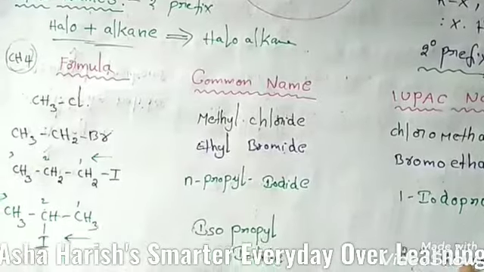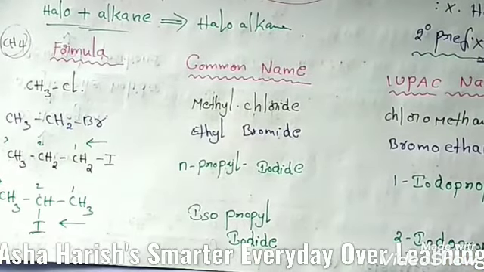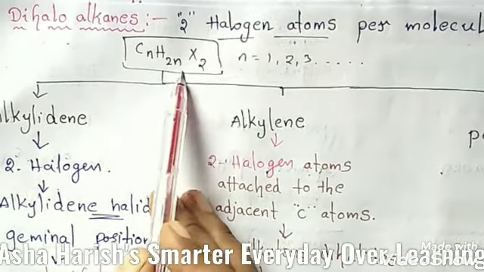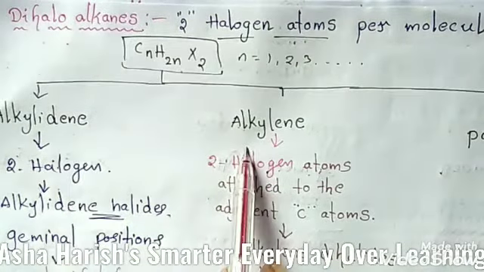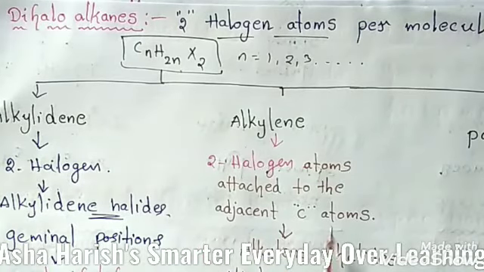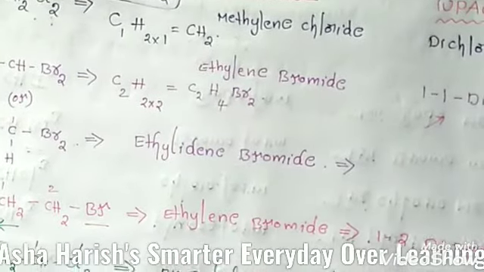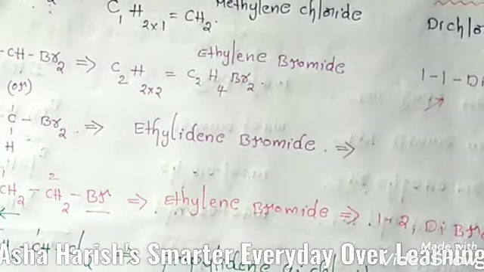And students, some examples also we studied. Next, dihaloalkanes types also we studied. This is the general formula. And alkylidine, alkylene and polymethylene, just 3 types we studied. And students, the common name and formula, the IUPAC name, some examples also we studied.